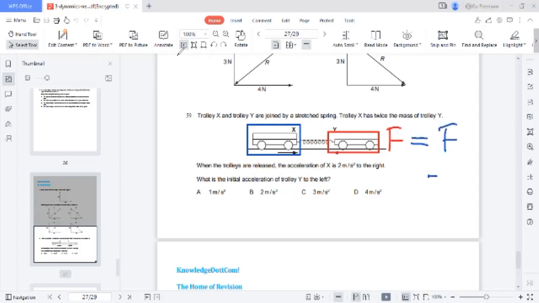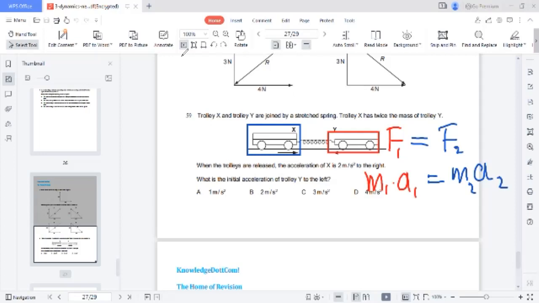For the blue one it is m times a, and for the red one it is also m1 times a1. So it would be m2 a2. Just for simplicity I am mentioning their names like this.